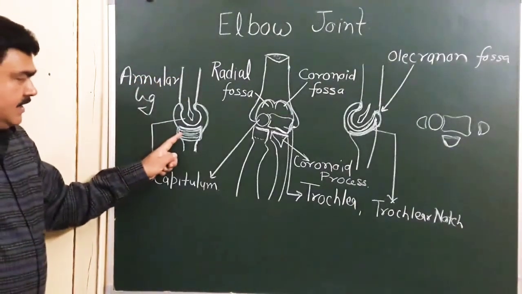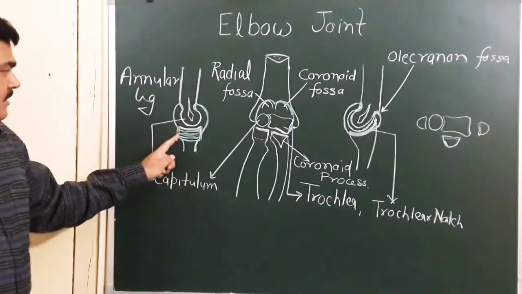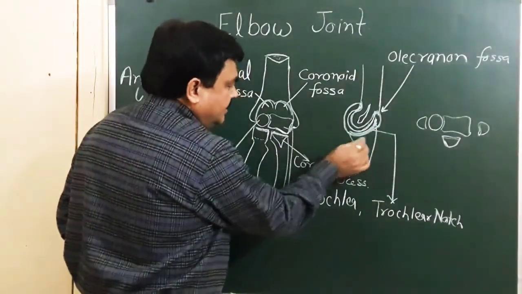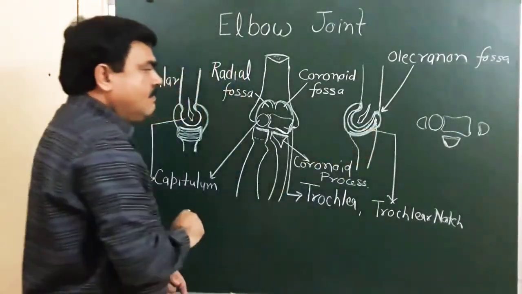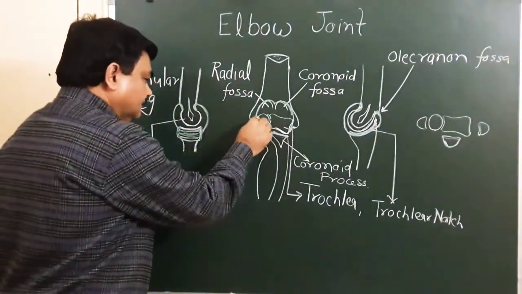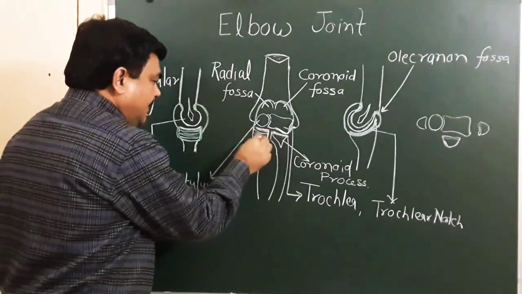So inferolaterally it attaches to the annular ligament. Inferomedially it attaches to the margin of the trochlear notch. So this is the attachment of the capsule.